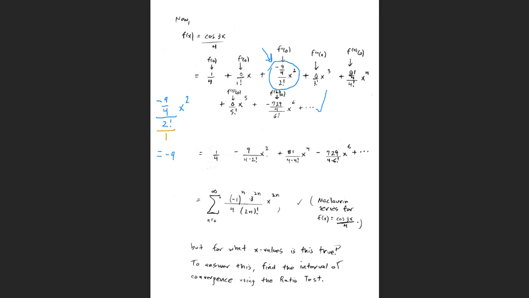And that'll give you negative 9/4 times 1 over 2 factorial times x squared, which is negative 9x squared over 4 times 2 factorial. And that's what we have here. So I'm trying to show you how I get from this term to writing it like that. Just trying to show a detail.